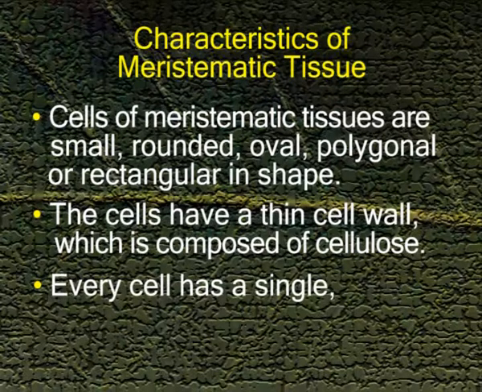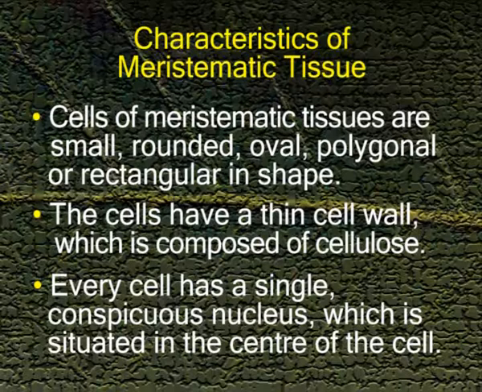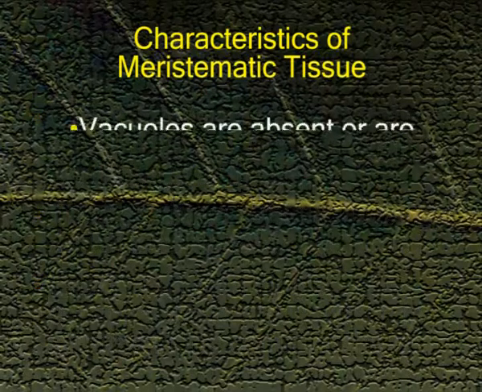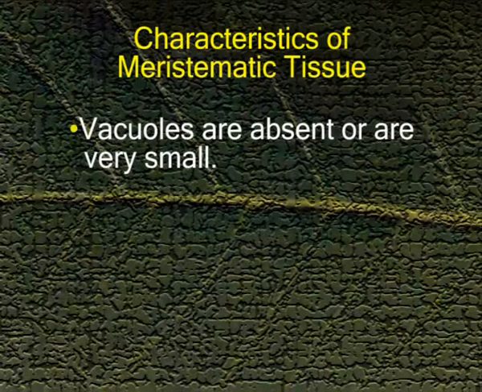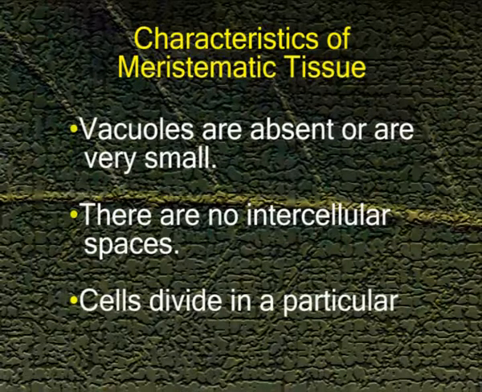Every cell has a single conspicuous nucleus which is situated in the center of the cell. Vacuoles are absent or are very small. There are no intercellular spaces. Cells divide in a particular plane.